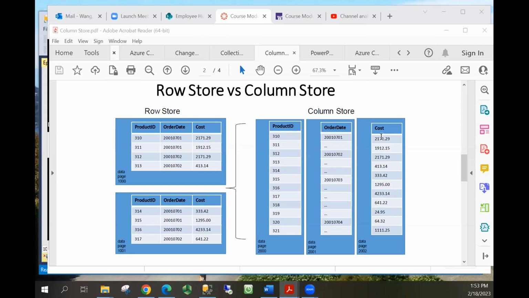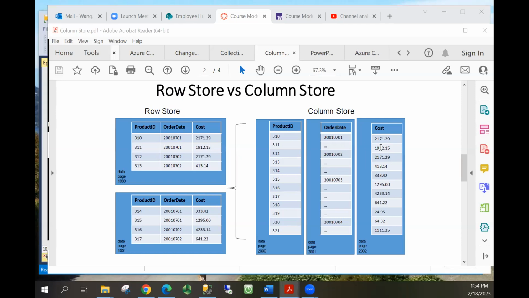And then once the data is brought into the memory, because the data must be in the memory for processing, right? Because you have only the cost numbers, you can store more relevant data in the memory. That will improve the query performance as well. So two primary reasons.